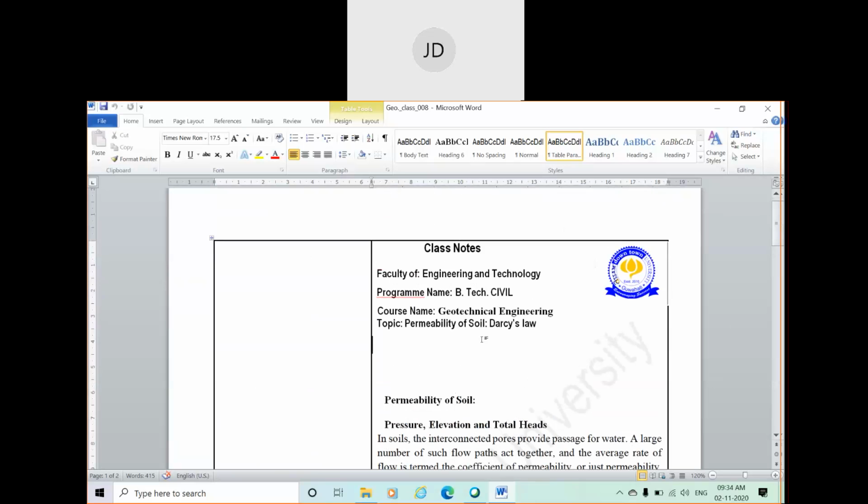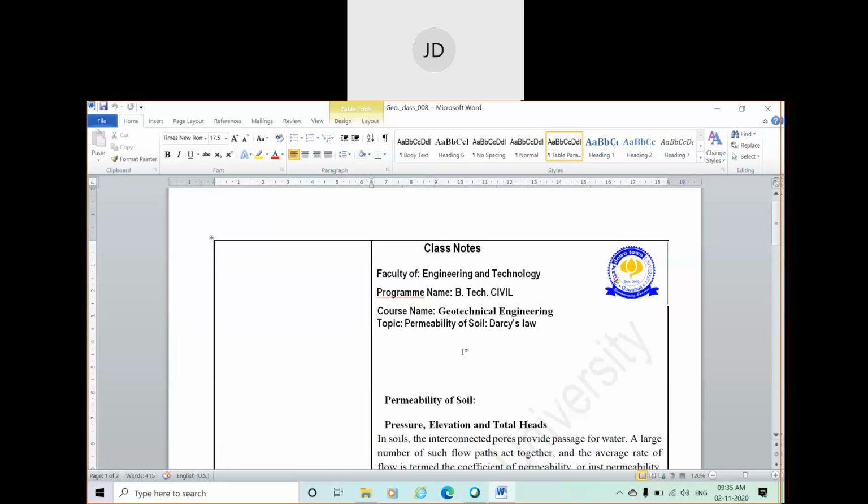Permeability is a property of soil which allows the passage of water or any fluid through its interconnecting voids. Okay, I'm again repeating.